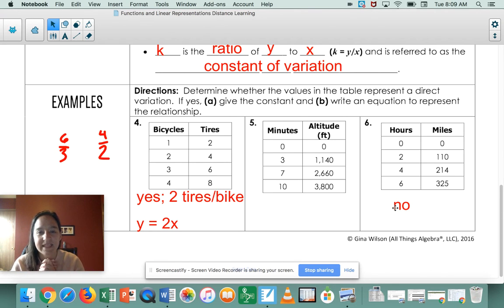I made a mistake. I'm going to have to go back and clip that. All right, so this one is not a direct variation because 110 over 2 is not equal to 214 over 4. My bad. I'm sorry about that. I was thinking of another problem.